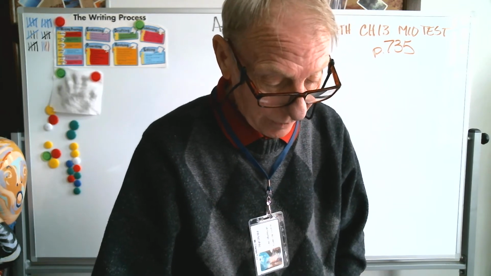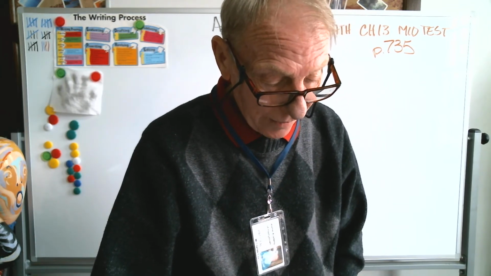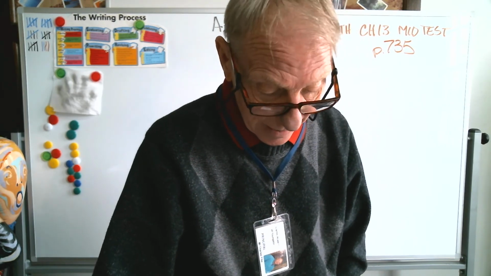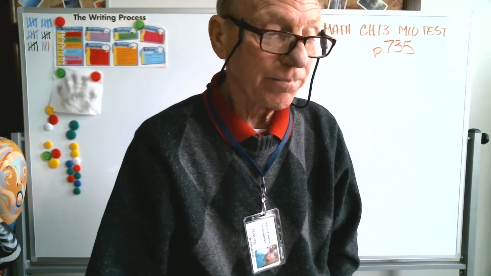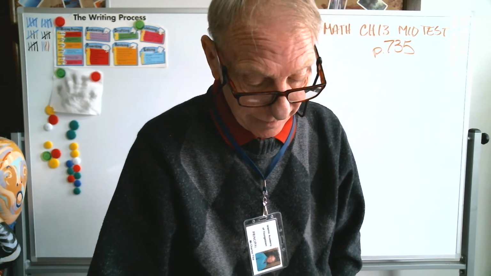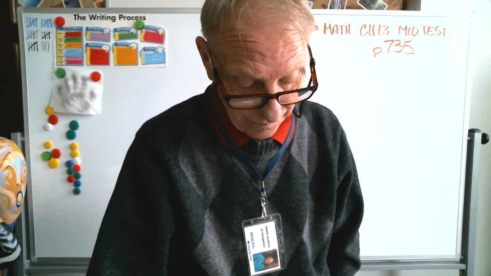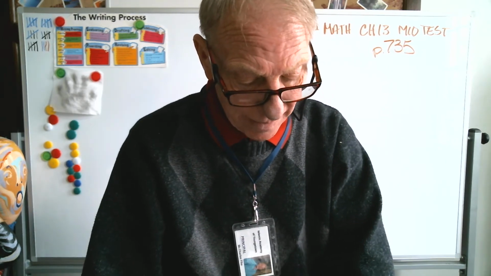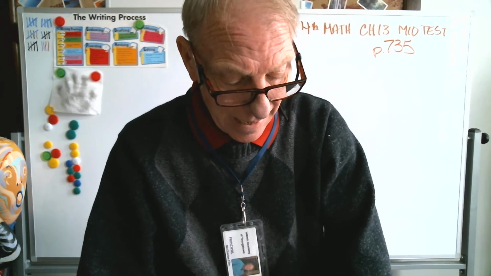Initially, it starts off with some vocabulary. A square that is 1 unit wide and 1 unit long is a square unit. 1 by 1. Number 2, the base of a two-dimensional figure can be any side.